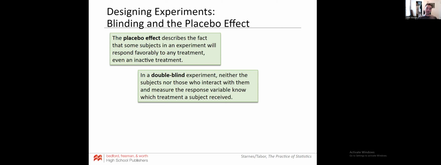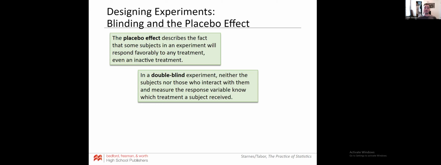I wouldn't tell the doctors nor the patients who was getting the correct pill or the actual treatment and who was getting the placebo, because sometimes not only will the patients maybe respond differently to the questions you ask them later, but the doctors may also treat people differently during that experiment. Or if a doctor maybe wants this pill to work well because they've got some money in it, or their friend is the one that developed it, or if they want it to do poorly, then it might create some bias.